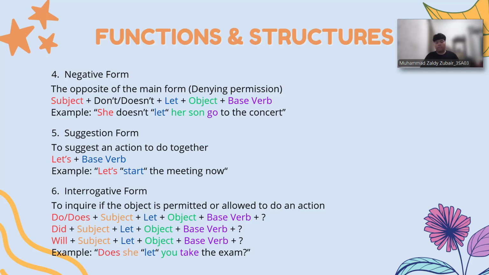Did plus subject plus let plus object plus base verb. Will plus subject plus let plus object plus base verb. The example: does she let you take the exam? Does as a does, she as a subject, let as a let, you as an object, take as a base verb.